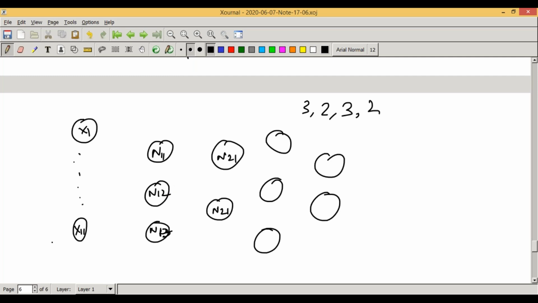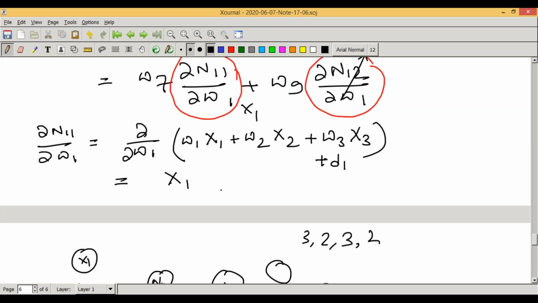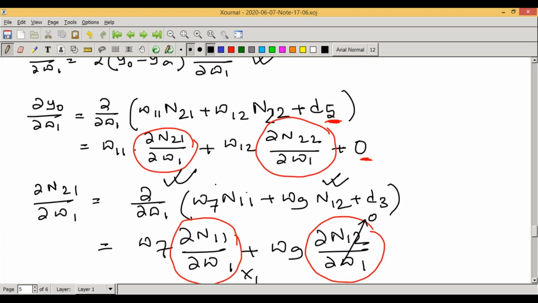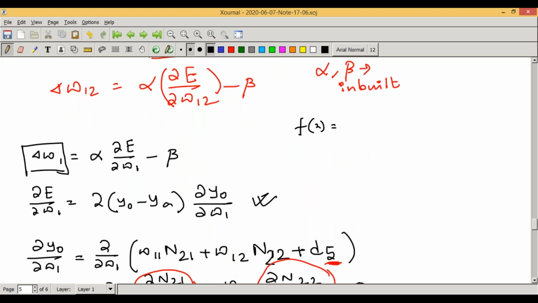So activation function by default. See, just imagine, Preeti, good that you have asked this question. Here, for simplicity's sake, I have taken the activation function to be f(x) = ax. By chance, if it was f(x) = e^x/(1+e^x), could you do this by hand?